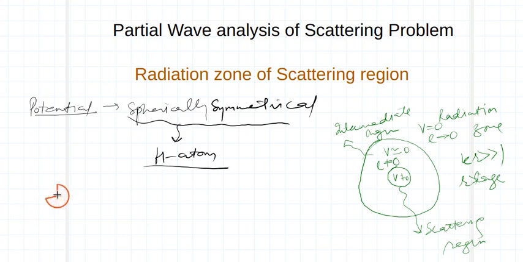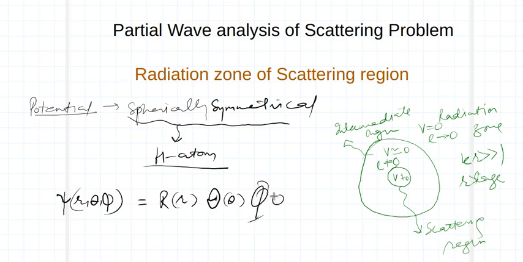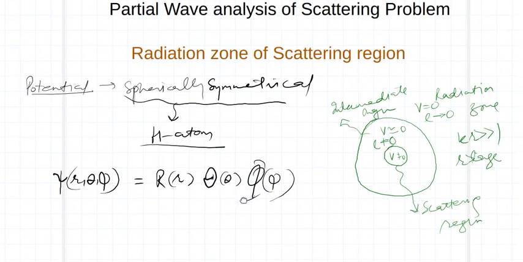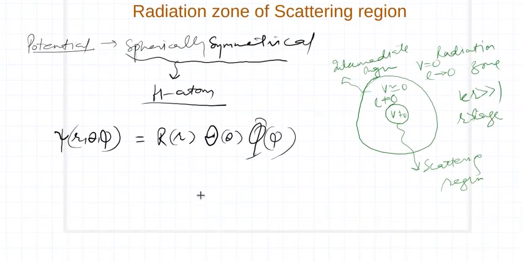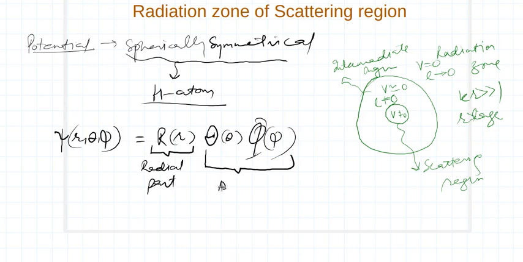And what is the wave function? The wave function is a function of r, theta and phi, and we will use the variable separable technique in that case. So this is r, it is theta, and it is phi. This part is known as the radial part, and another part is known as the angular part.